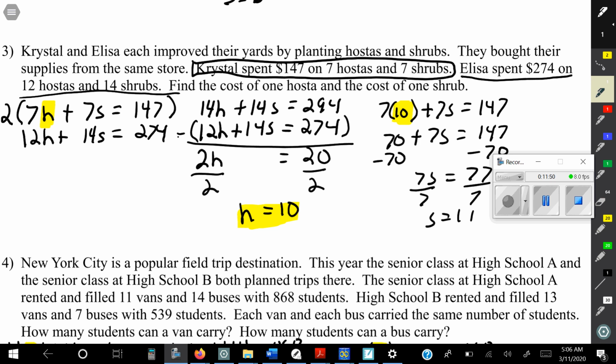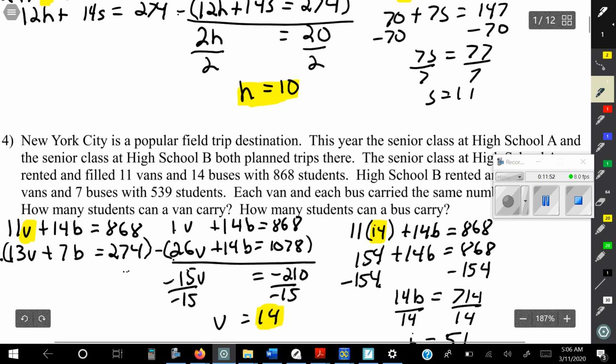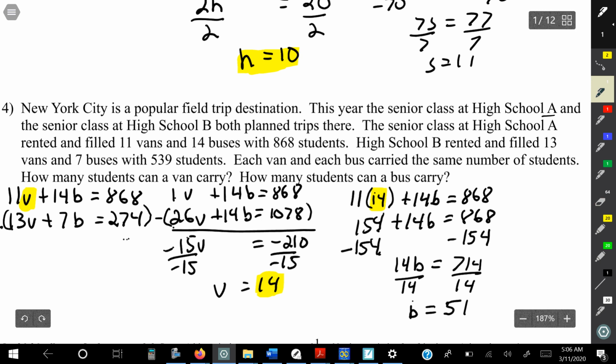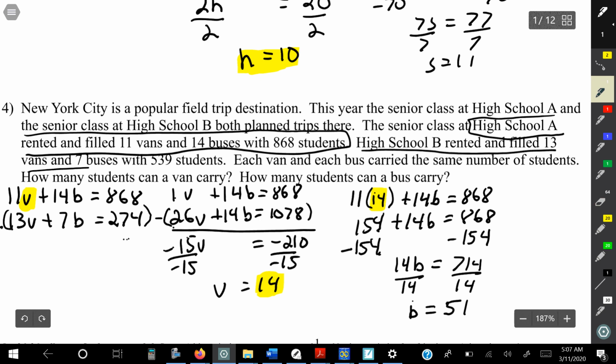All right, so let's take a look at this one. Okay, so on this one, we've got high school vans and buses here. In high school A is here, and that's this first equation. And then high school B is here, and that's the second equation.